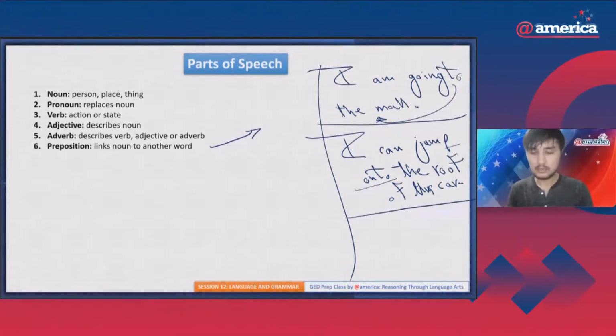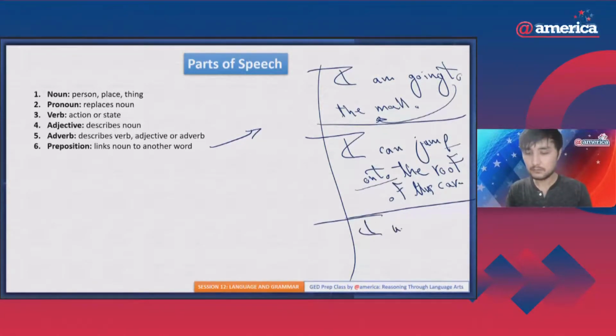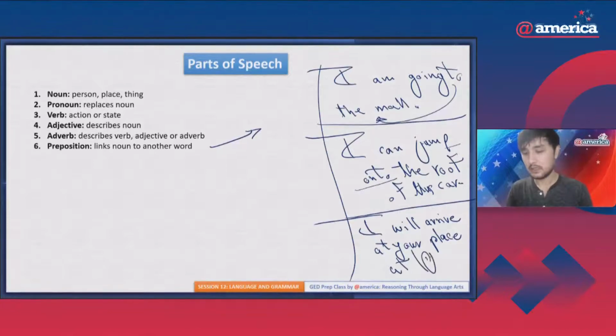And you can say that I'll arrive at 10. I will arrive at your place at, for instance, 10. And then we can go to the football stadium to watch the Champions League final.